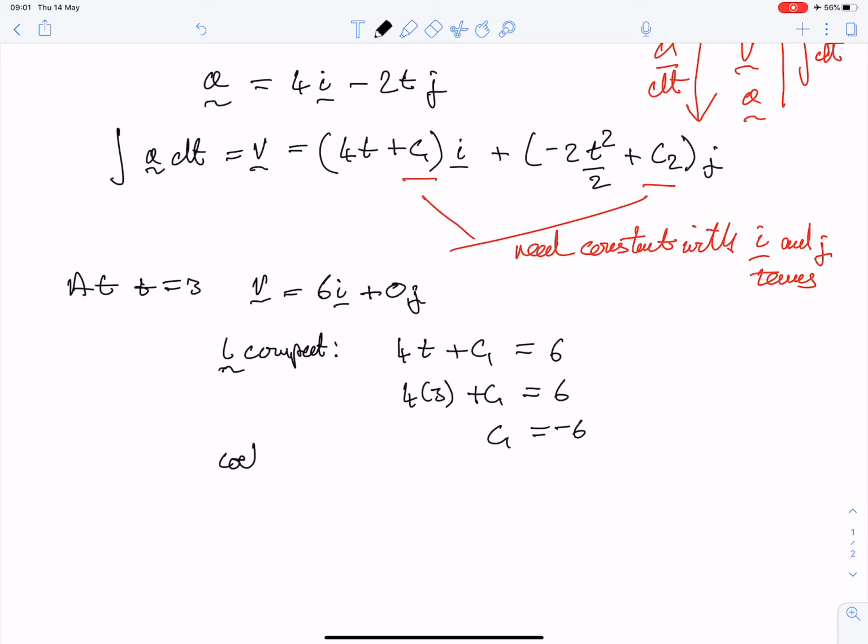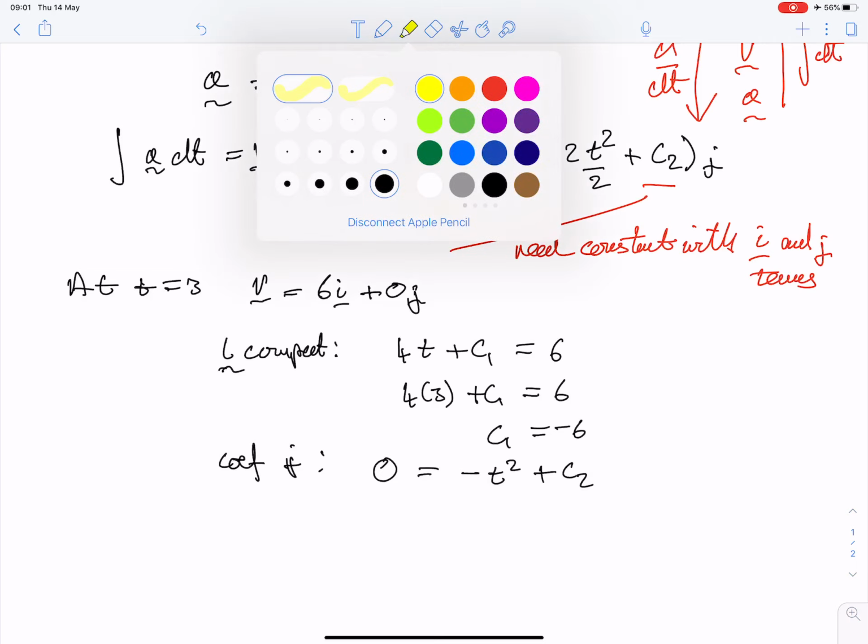Let's look at the coefficients of j, or the components of j. It's just a different way of saying the same thing. We're going to get 0 is equal to minus 2t over 2, which is minus t squared, plus c2. So let's just go back and show you clearly where those came from.